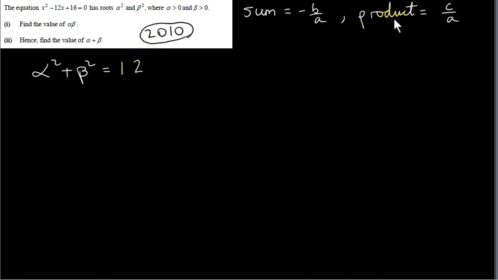Now we also know that the product of the roots of a quadratic equation is given by c over a, where c is the constant term and a is the coefficient of x squared. So the roots of this quadratic equation happen to be alpha squared and beta squared, so the product is alpha squared multiplied by beta squared. C for this equation is 16, a is 1, so we have 16 divided by 1, which is 16.